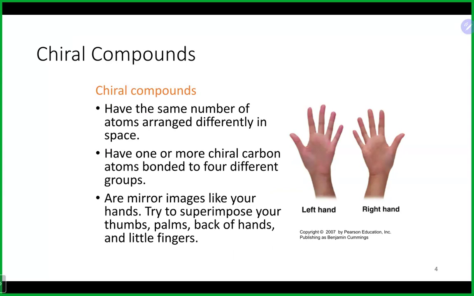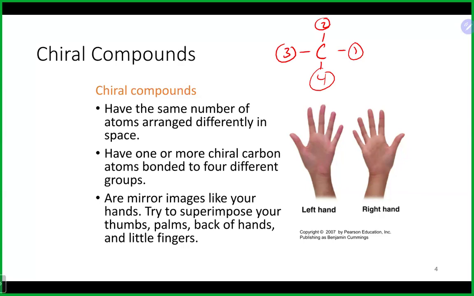Basically, a chiral carbon is a carbon that has four different groups attached directly to it. We'll see this in some carbohydrates coming up. Because of that, it is a chiral compound, because it does contain a chiral carbon.